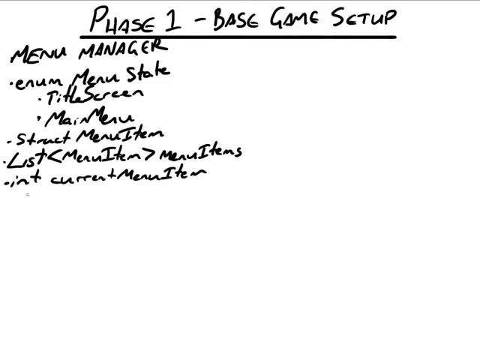And what methods do we have inside our menu manager class? Well, we're going to need an update. Doesn't need to take in game time, and draw, which does need to take in a sprite batch.